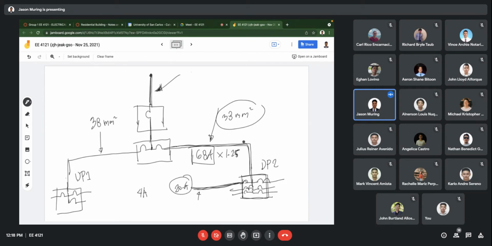In actual designs, they don't show everything here because oftentimes, as long as you follow the code where the sizes are based on the requirements of the code, it's very unlikely for you to obtain a voltage drop that is greater than the required voltage drop percentage by the code. Okay, so in our case, we're going to show this by some examples.